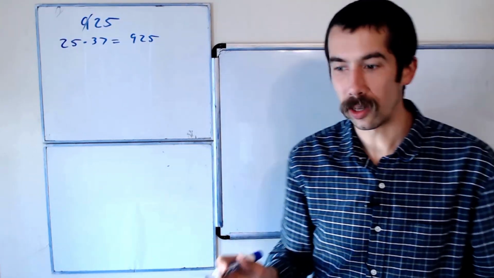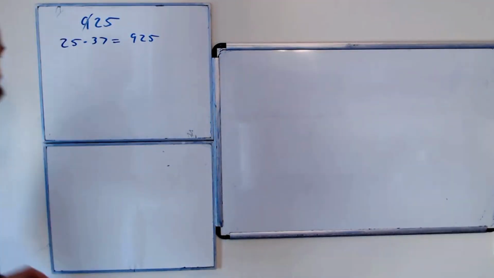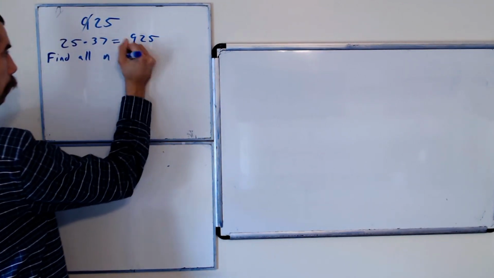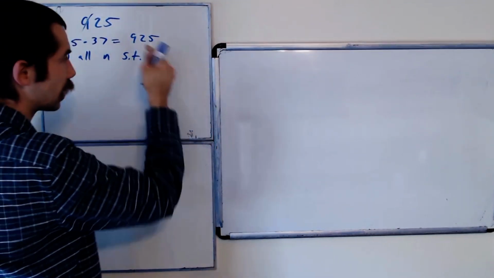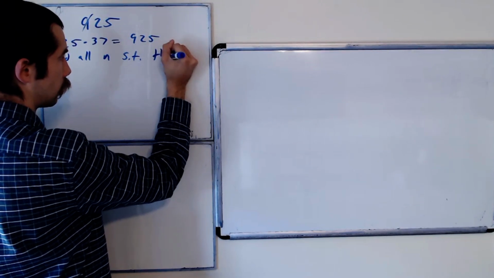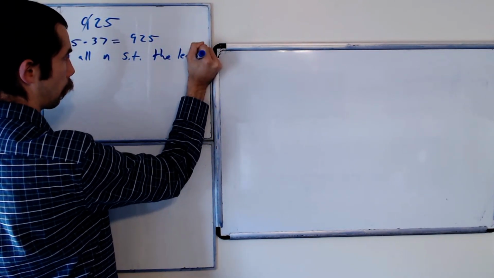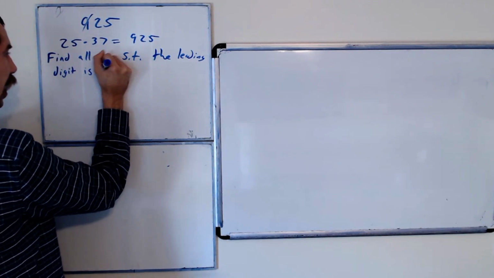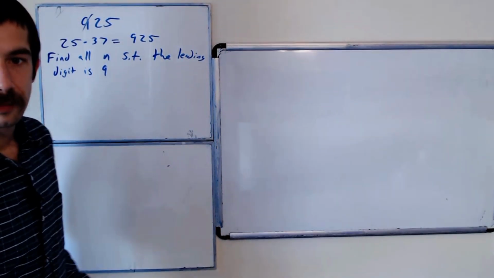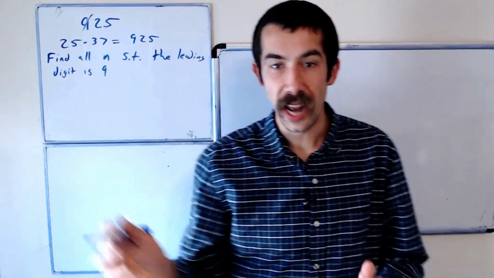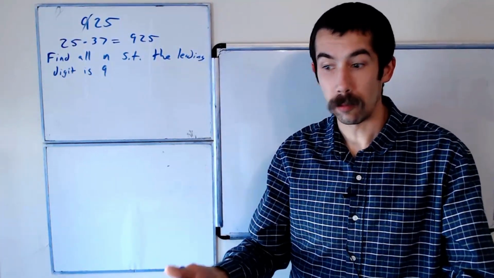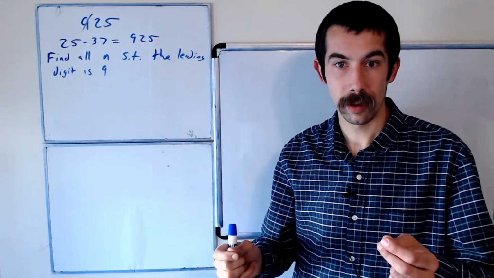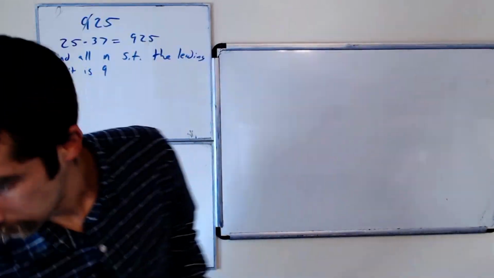So the question we're going to look at today is: find all numbers n such that the leading digit is 9, and when we remove the 9, what is left over divides n by a factor of 37.